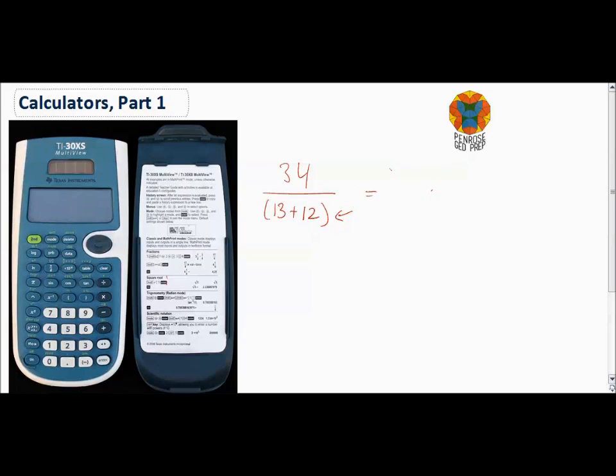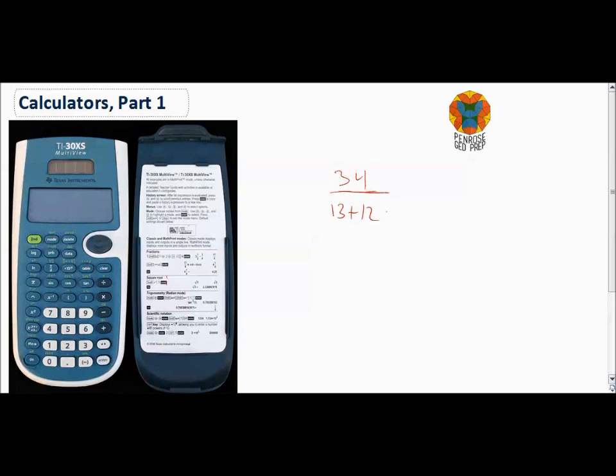This would mean the same thing if we wrote it as 34 over 13 plus 12 without the parentheses, but I'm just writing the parentheses to be extra clear, and because we're going to need to type those on the calculator. So imagine we see this: 34 over 13 plus 12.